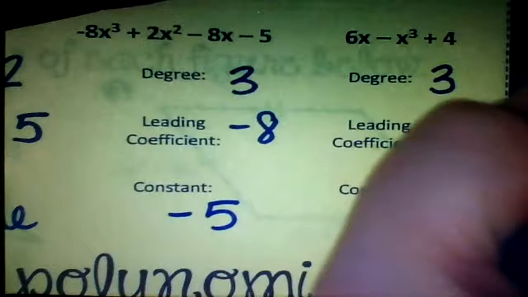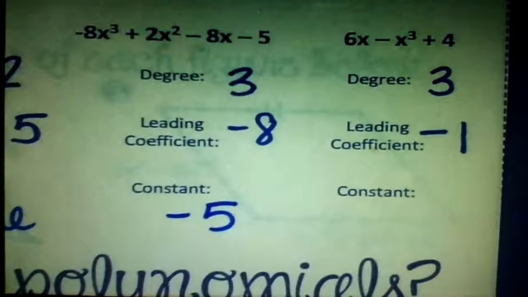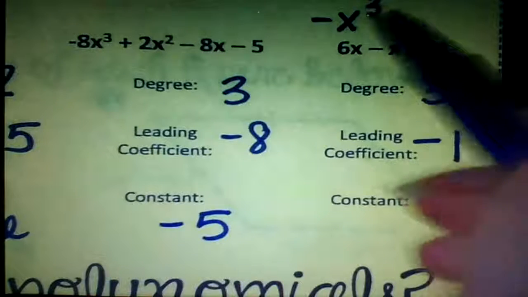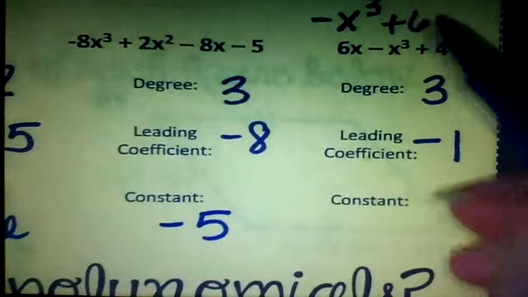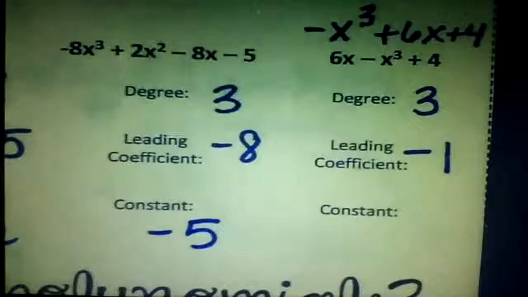-1. Because there's a negative sign right in front of it. There's no number. Okay, so look. This right here is the degree, that's the leading term also. That means the leading coefficient would be right here, which is the -1.